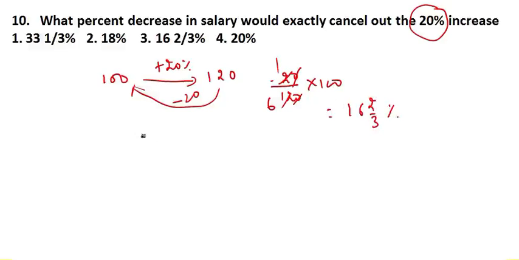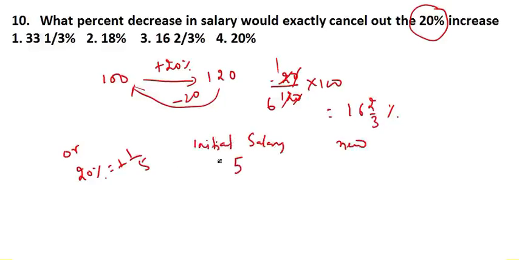Now we will do it in the fraction method. So this is 20%, this is the increase. Suppose my initial salary was 5 and my salary got increased by 1. It means 20% means 1.